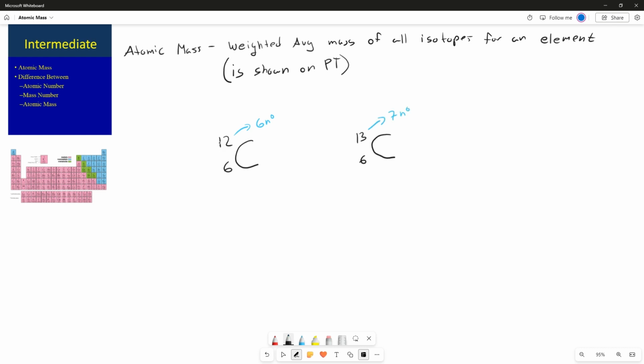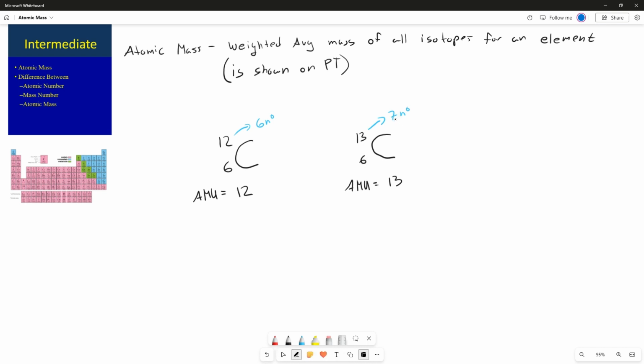Now, if we looked at how much carbon-12 and carbon-13 weigh in atomic mass units, carbon-12 is going to weigh 12 because you add up all the numbers of protons and neutrons in the atom. Carbon-12 has 6 protons and 6 neutrons. And carbon-13 is going to weigh 13 because it has 6 protons and 7 neutrons.